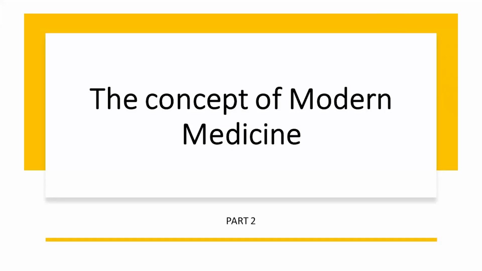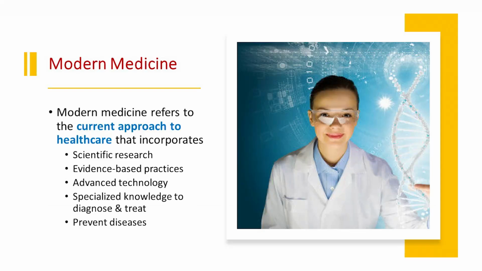The second part would be the concept of the modern medicine. So when we keep saying modern medicine, what is modern medicine in the first place? The modern medicine refers to the current approach to the health care. Please mind, it's not a current approach to the diseases. We are talking about a current approach to the complete healthcare system that incorporates the scientific research, the evidence-based practices, advanced technology, specialized knowledge to diagnose and treat and to prevent diseases.